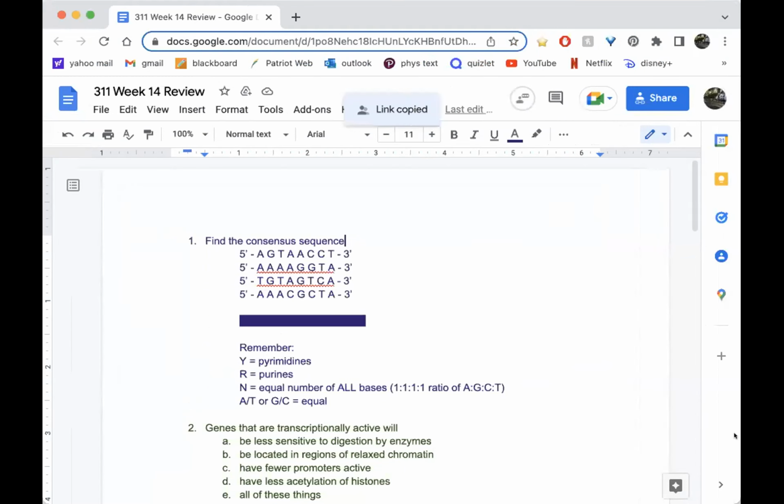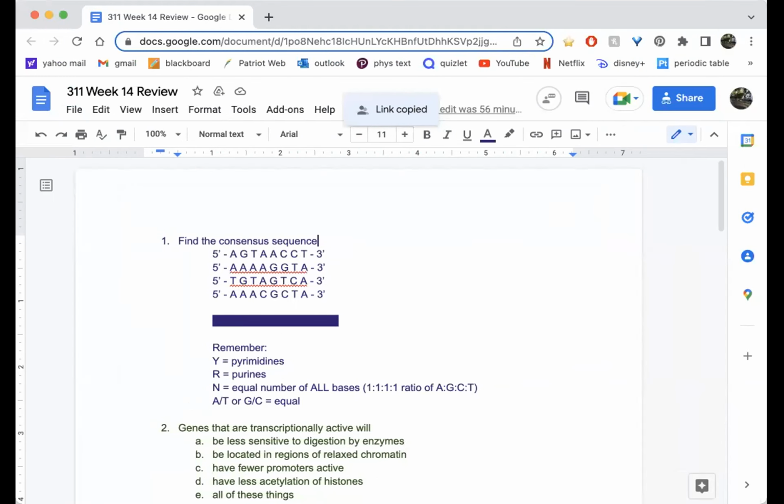So first question, we are trying to find the consensus sequence for this. That's basically all we're doing. So does anybody want to get us started with finding the consensus sequence for this?